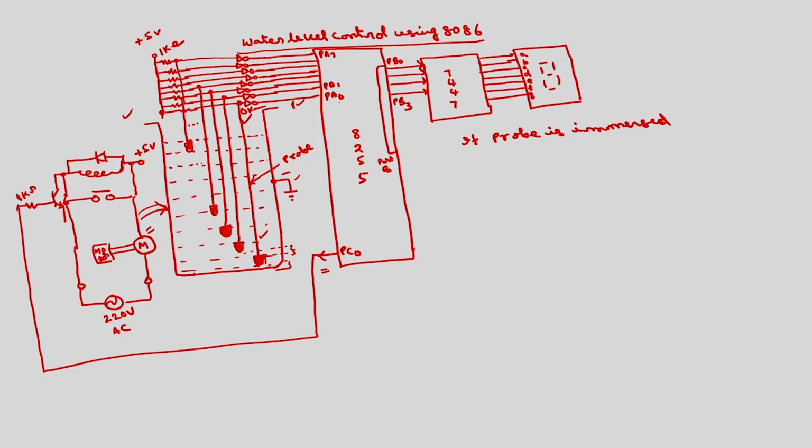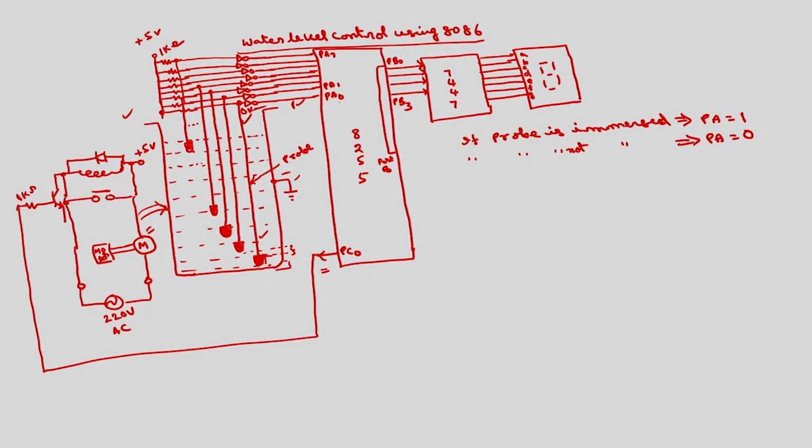So, whenever this probe is inserted here, this will be 1. If this probe is inserted, the port value PA will have a value of 1, because before the inverter it is 0, after the inverter it will be 1. If the probe is not inserted or not immersed, the port value will be 0.